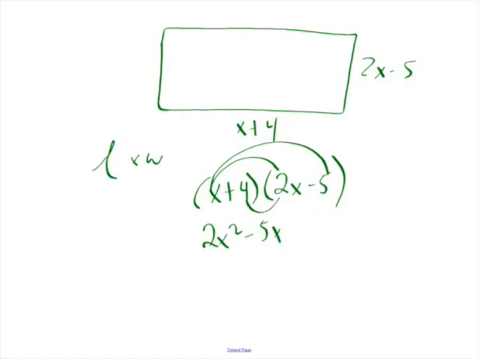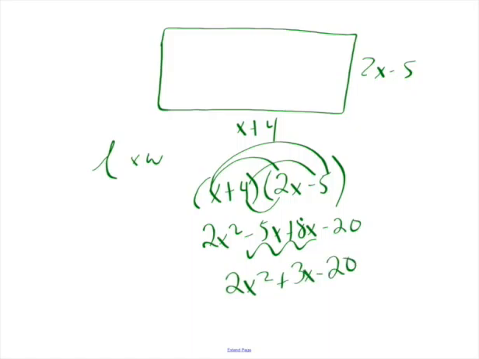Our inner terms would give us positive 8x. And then our last terms would give us negative 20. When we combine the two in the middle, you get 2x squared plus 3x minus 20. And so the area of this rectangle is the following: 2x squared plus 3x minus 20.